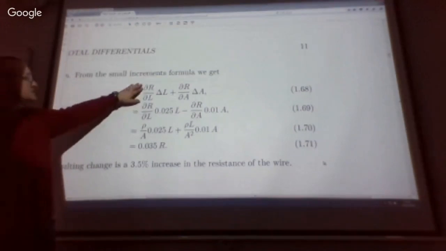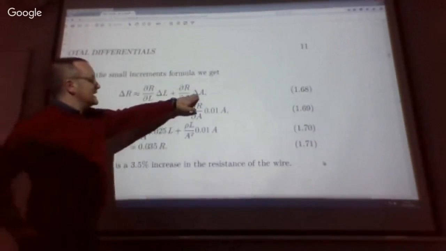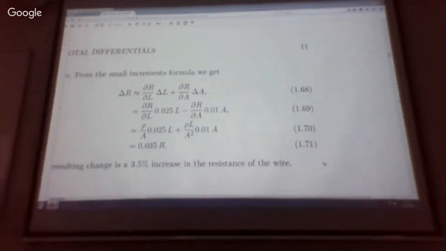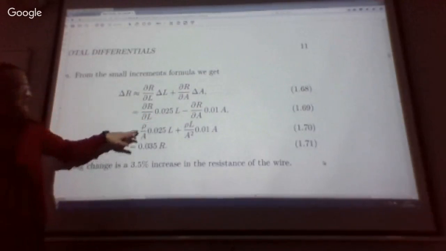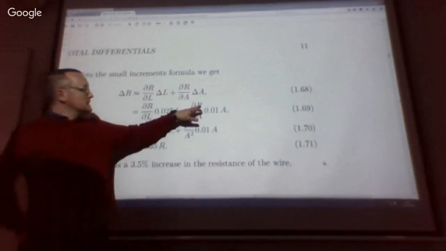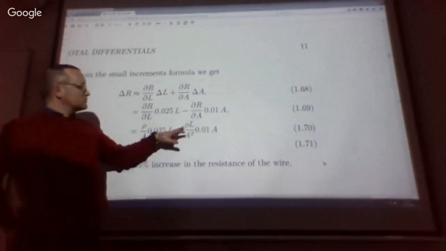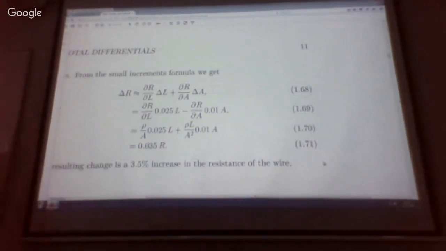Delta R is dR/dL delta L plus dR/dA delta A. The partial derivatives come out as dR/dL is rho over A, dR/dA is minus rho L over A squared.